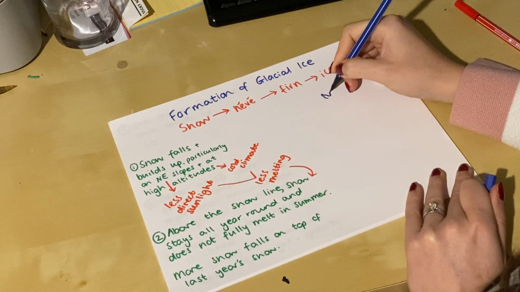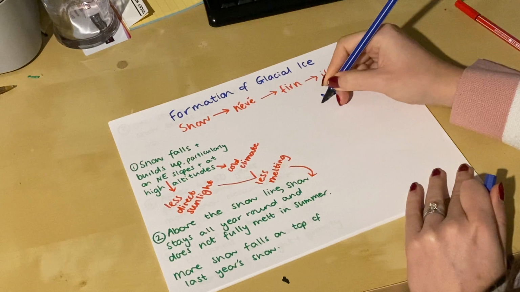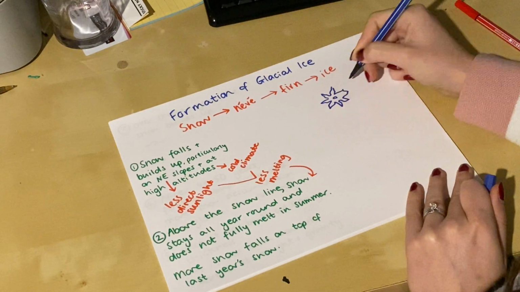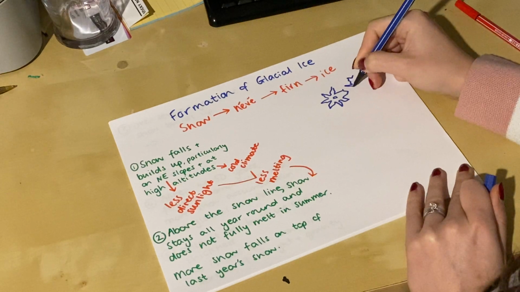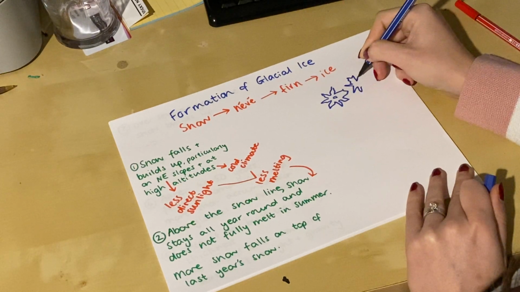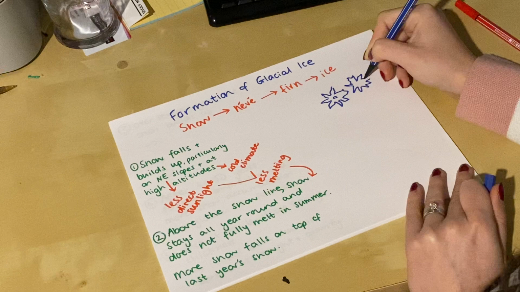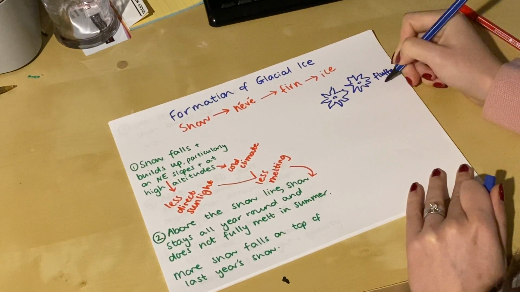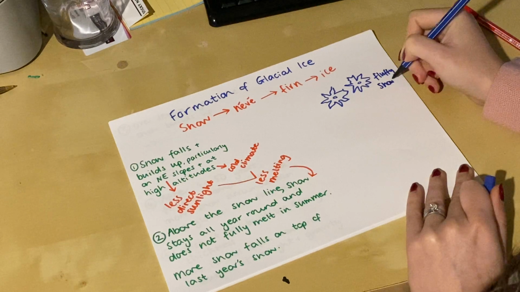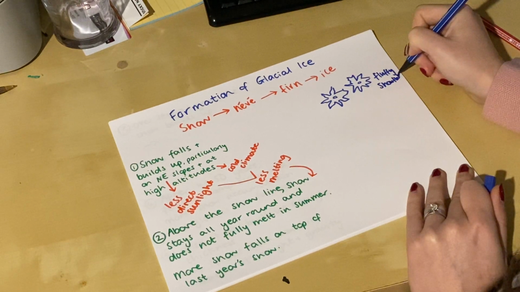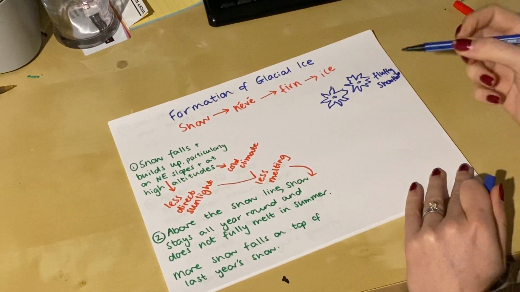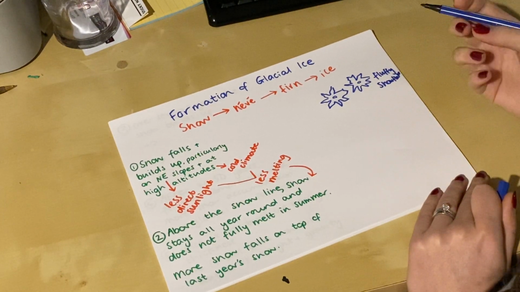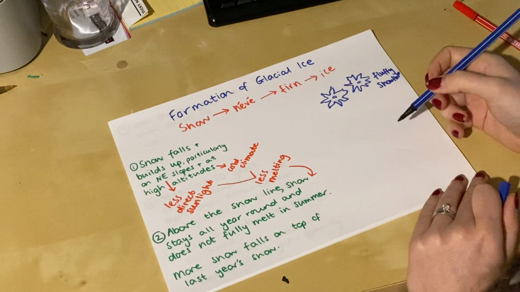Excuse me, because I'm not very good at drawing snowflakes. So here's what is roughly a nice fluffy snowflake. I'm sure you have all seen snowflakes before when they land on your jacket and they're all nice and fluffy and they have lots of air in them. So fluffy snowflakes, and then gradually they will start to melt a wee bit, freeze a wee bit, and the new snow falls on top.